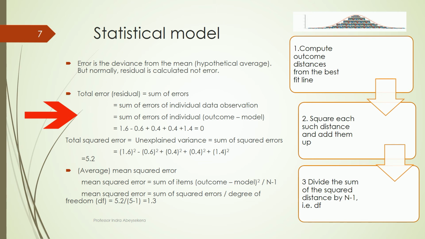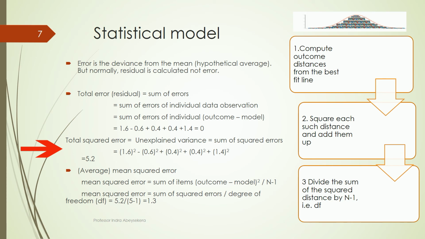Then we square each of those distances to get around the minus, and so we can find out the total distances from all the outcomes.